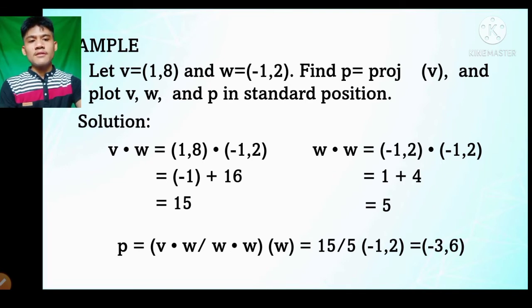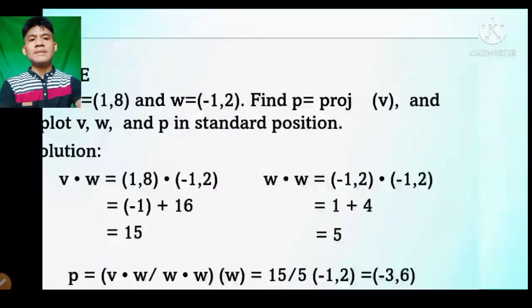So we have 15 over 5, times W, whose coordinates are (-1, 2). Just distribute 15 over 5, or 3, to the given coordinates of W. So we have -1 times 3, which is -3, and 3 times 2, which is 6.